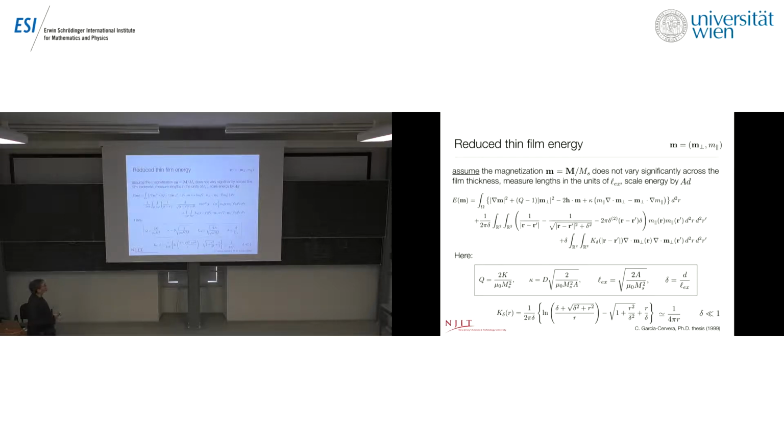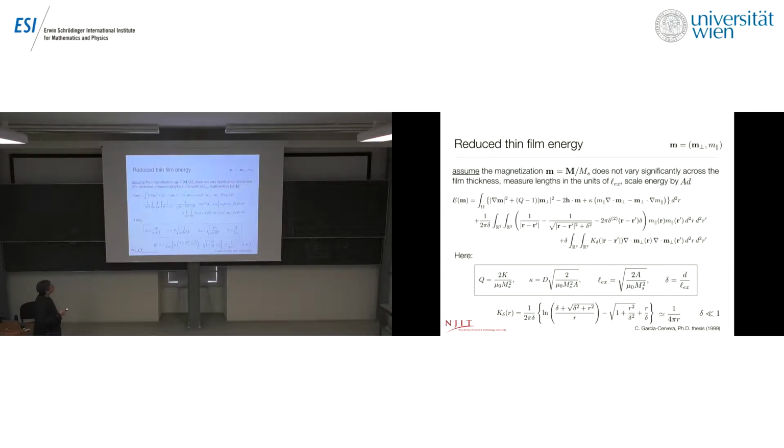Okay, so let me first introduce to you how one takes advantage of the fact that we are talking about ultra-thin film materials. It makes sense to assume that when the thickness of the film is much less than the exchange length, the magnetization vector does not vary much across the thickness of the sample. So formally assuming an ansatz in which the magnetization only depends on the lateral coordinates, but not on the vertical component, one could calculate the energy exactly, and after some rescaling and non-dimensionalization, the energy would appear in this form, okay?